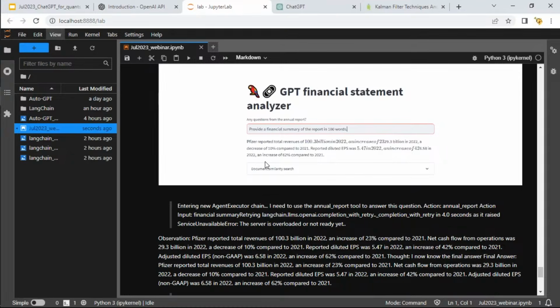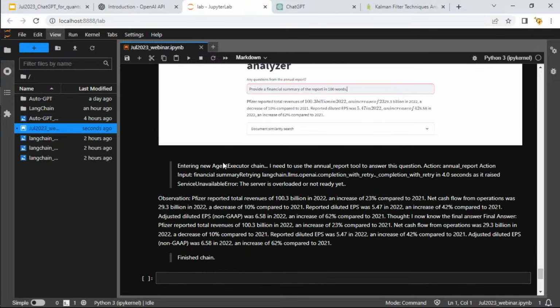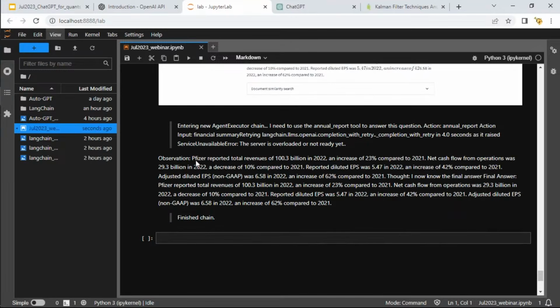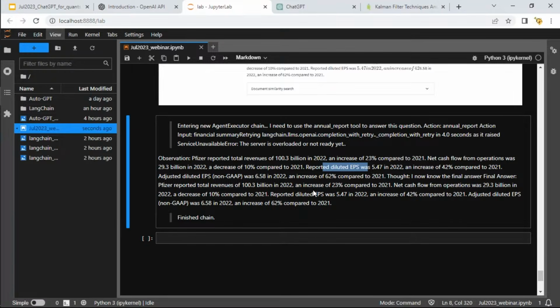Since this didn't get rendered properly, I pulled out what came out from the local server, which is another place where the same data gets captured. And it says Pfizer reported total revenues of 100.3 billion, an increase of 23% compared to 2021. It gives you some details on net cash flow, EPS, and so on, right? So you can verify all this data from the actual report, and you will find that it's pretty good in terms of accuracy and so on.